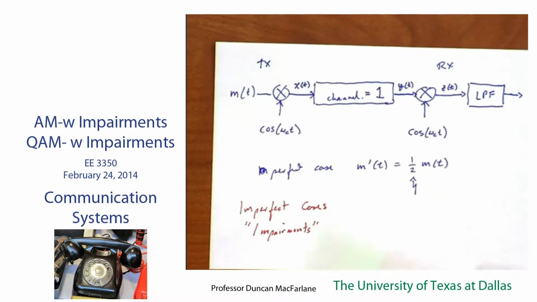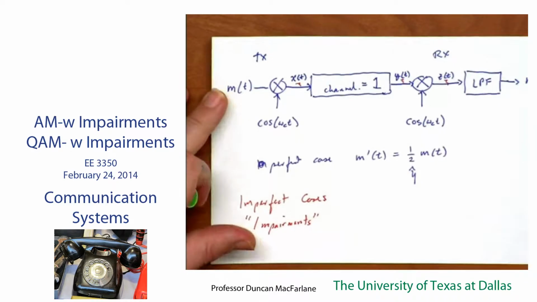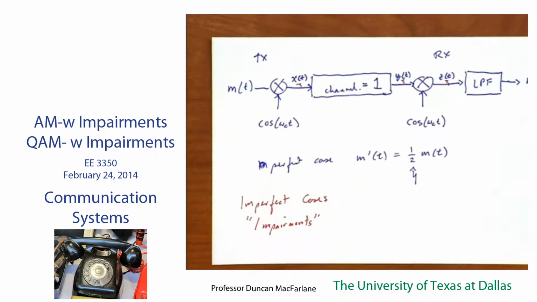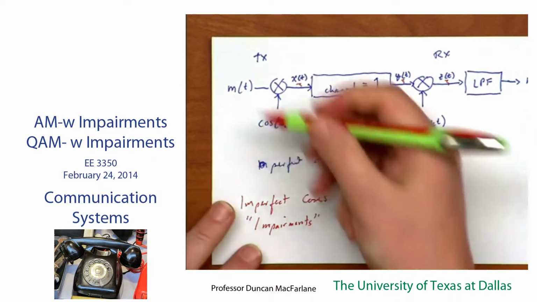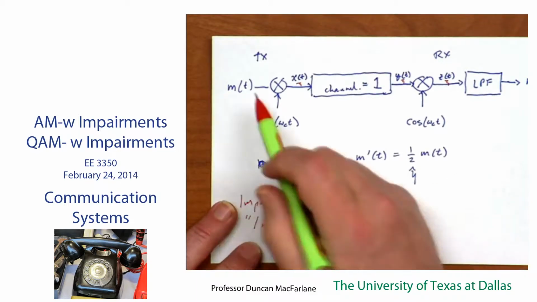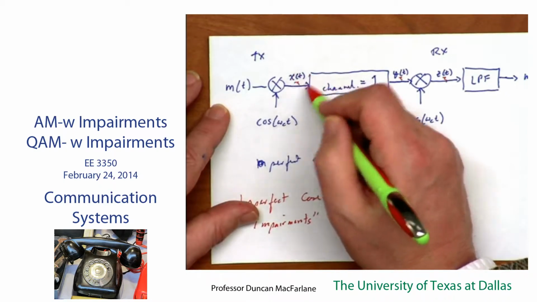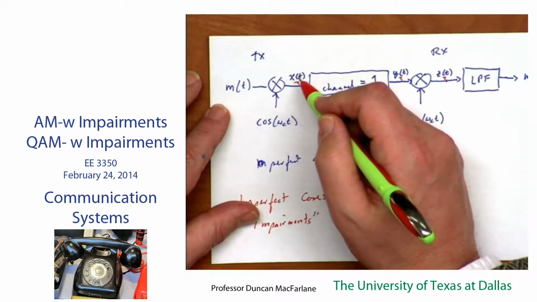Let me back up even a little bit further. The reason I have x of t, y of t, and z of t in there is that one of the goals of this course is to be able to walk a signal down a system like this. One of the skills we're developing, and I've done it by inference so far, and today I want to be explicit about it, is that we should be able to figure out x of t and also x of omega.